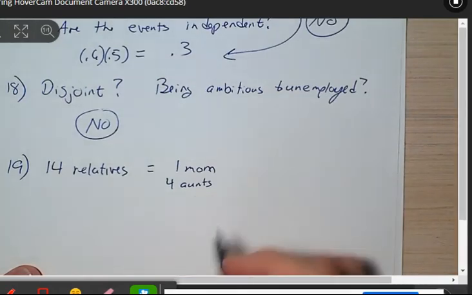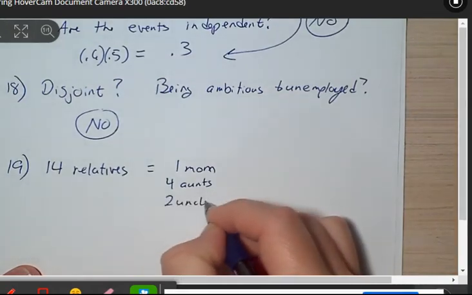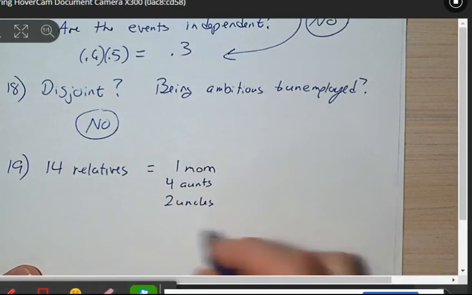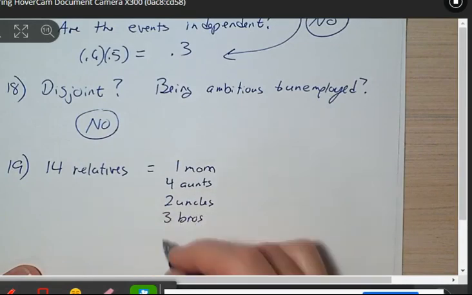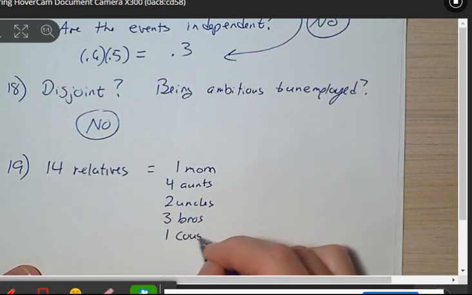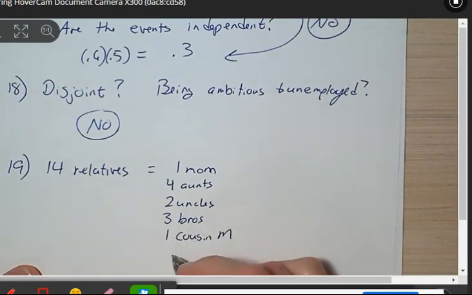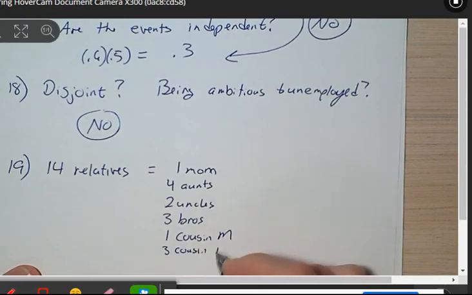We've got one mom, four aunts, two uncles, three brothers, one cousin who's a male, and three cousins that are female.